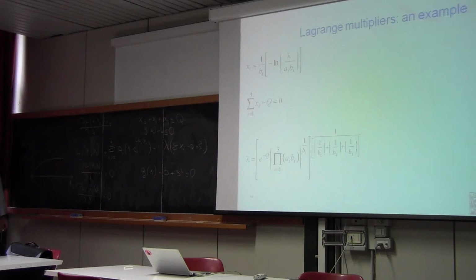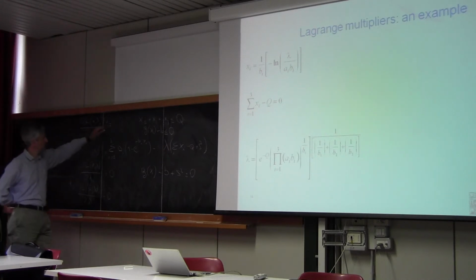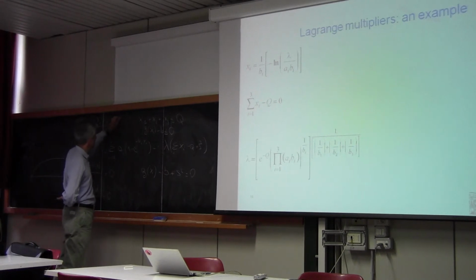So what is the result of this partial derivative of the Lagrangian with respect to s? The result is minus 2 lambda s, which is equal to 0.